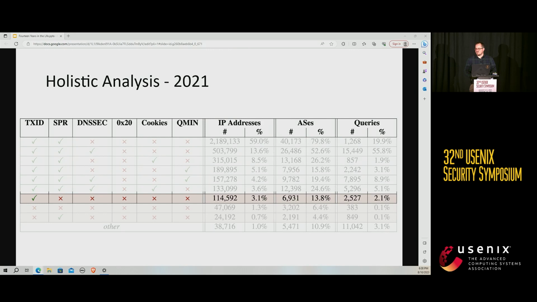We now turn our attention to resolvers that have particularly problematic combinations of missing security mechanisms. Discouragingly, the vast majority of resolvers without source port randomization also do not deploy any other security mechanisms considered, with the exception of transaction ID randomization. There are some resolvers with inadequate security practices across the board, including transaction ID randomization.